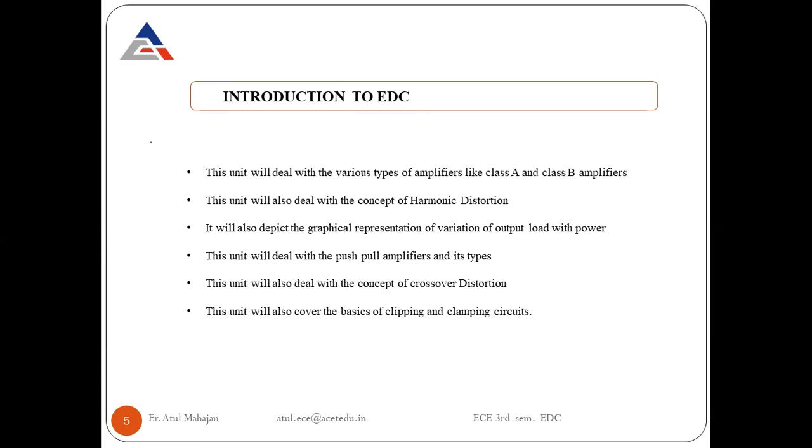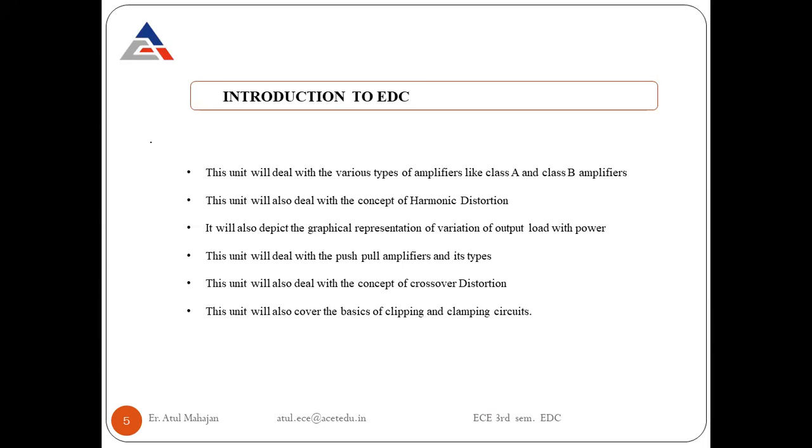This unit will also deal with the various types of amplifiers like class A and class B. These are names of the large signal amplifiers, and we'll discuss them in detail when we talk about these topics in the syllabus. This unit will also deal with the concept of harmonic distortion.